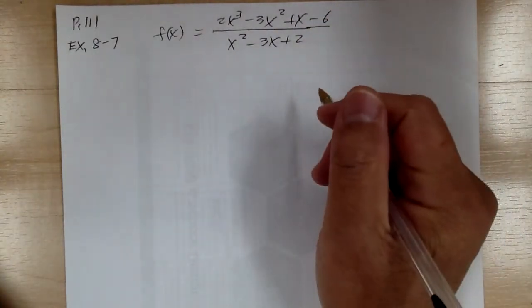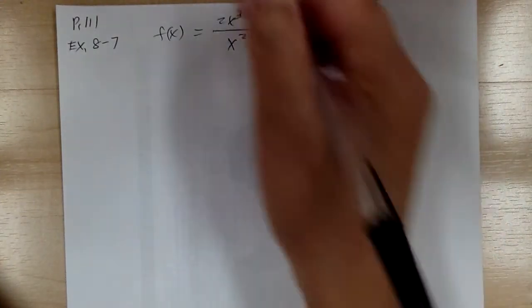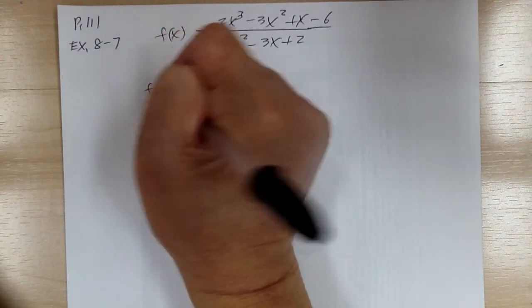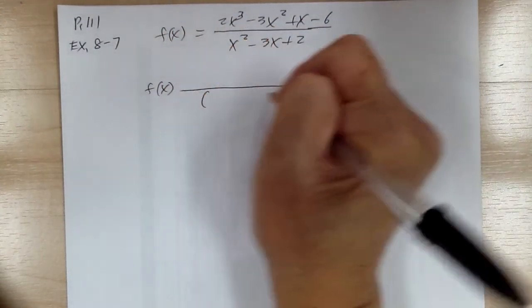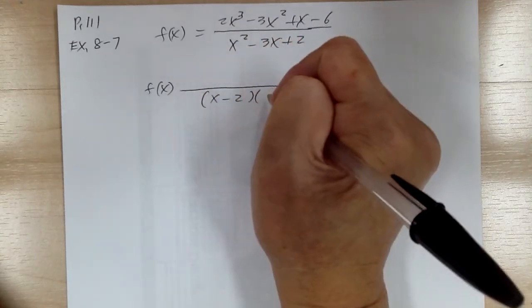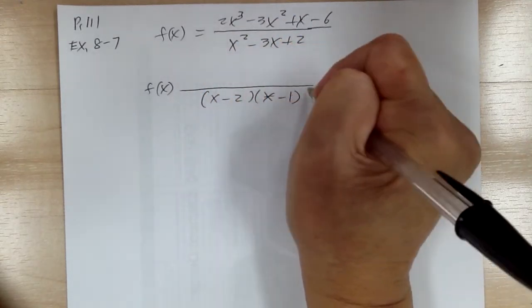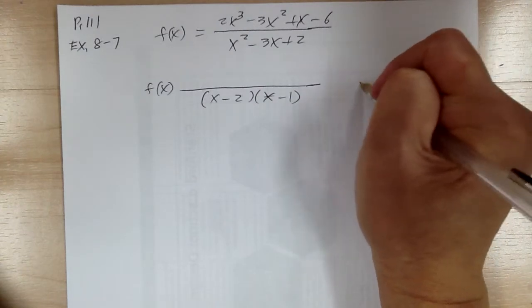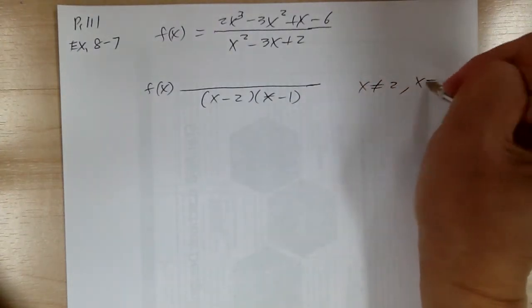So again, first you want to see if you can factor as much as you can. So go and factor the bottom first, because usually it will give you a clue. So this would be x minus 2, x minus 1. So right away, x cannot equal 2, x cannot equal 1.